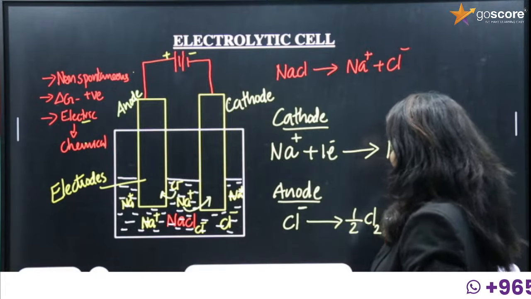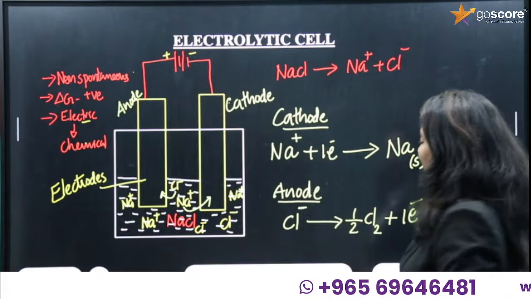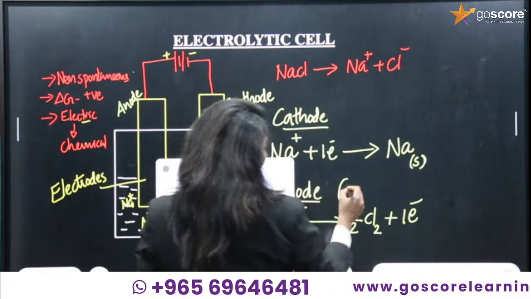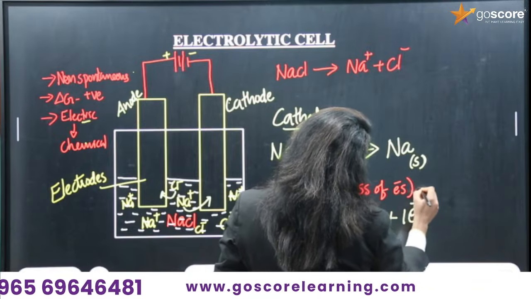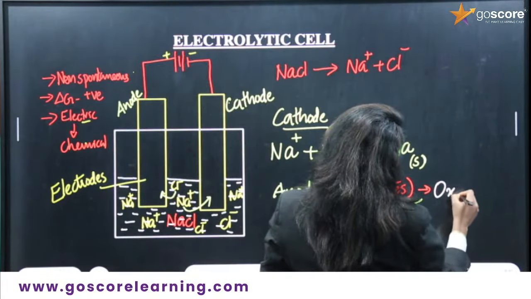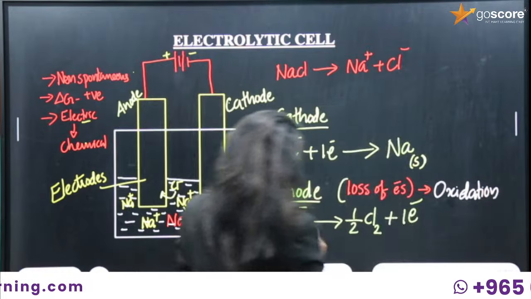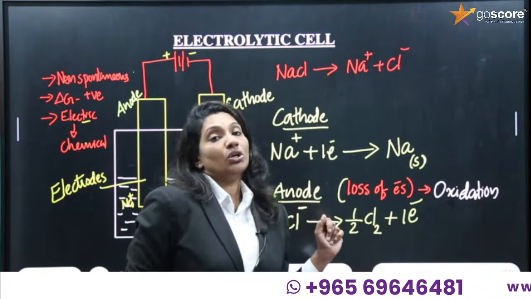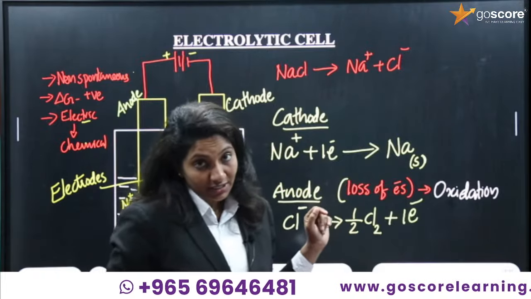So here at the anode, the loss of electrons is occurring, that is, they are undergoing oxidation, right? Here one electron is lost from the Cl- ion and it gets converted into chlorine, right? So there is loss of electrons, and loss of electrons is nothing but oxidation, right?